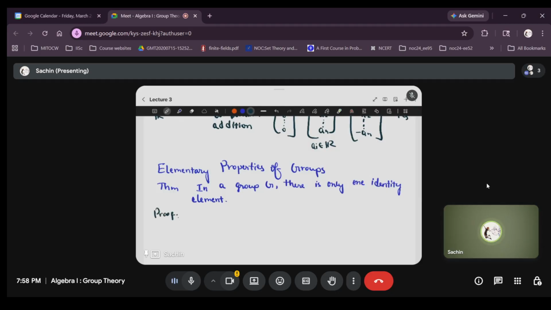And the proof for that goes as follows. Suppose we assume the contrary. That is, there is more than one identity. And suppose both e and e prime are identities of the group G.